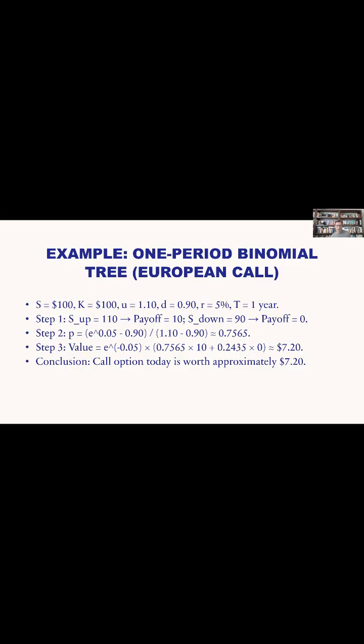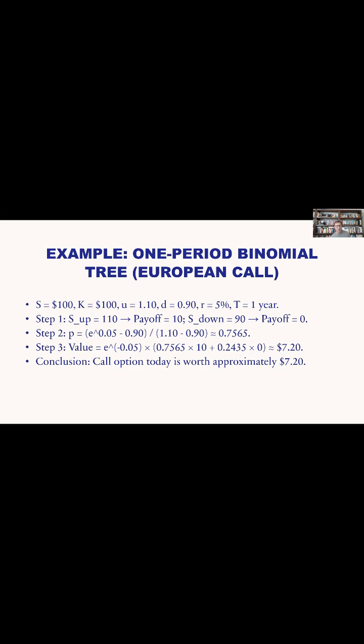And I want to run through a very quick example, to finish it off. This is a one period model. The price of the stock is, let's say, 100. The strike price is 100.